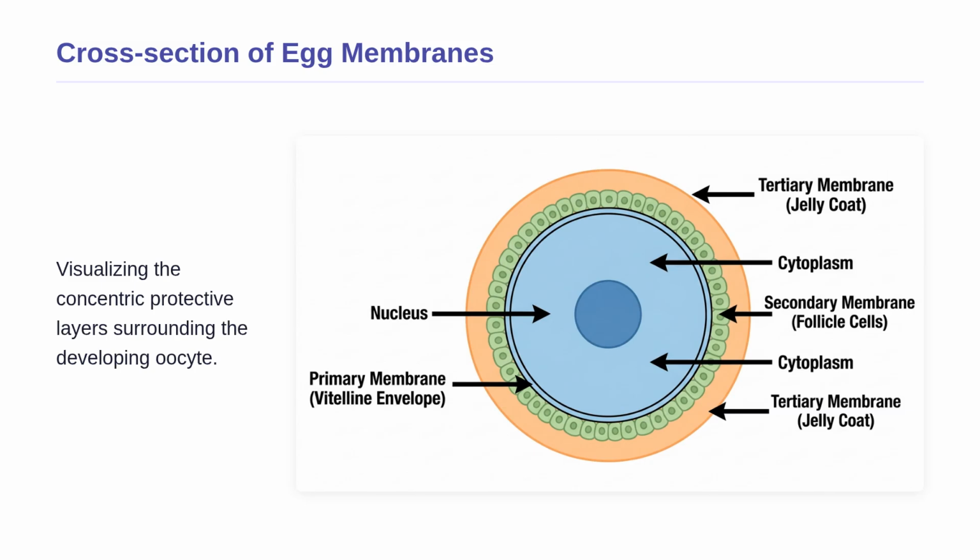Just outside of that, we see a layer of cells representing the secondary membrane, formed by the follicle cells. Finally, the outermost, thickest layer is the tertiary membrane, shown here as the jelly coat. This diagram beautifully illustrates how the egg is nested safely within these concentric, protective shields, ready to face the external environment.